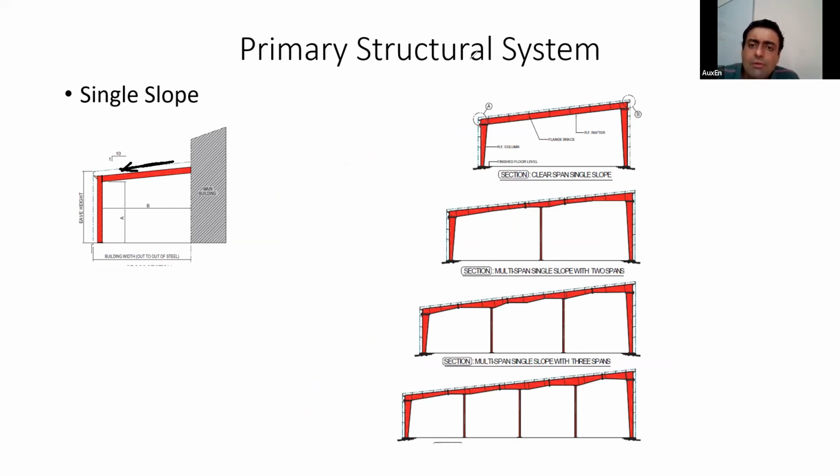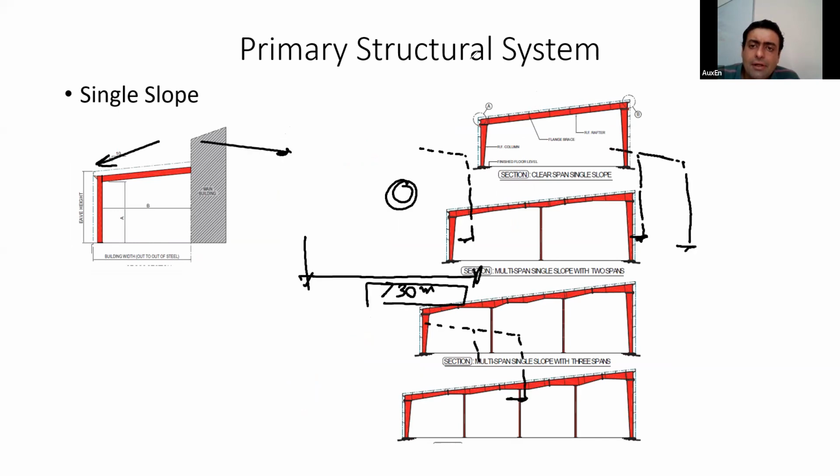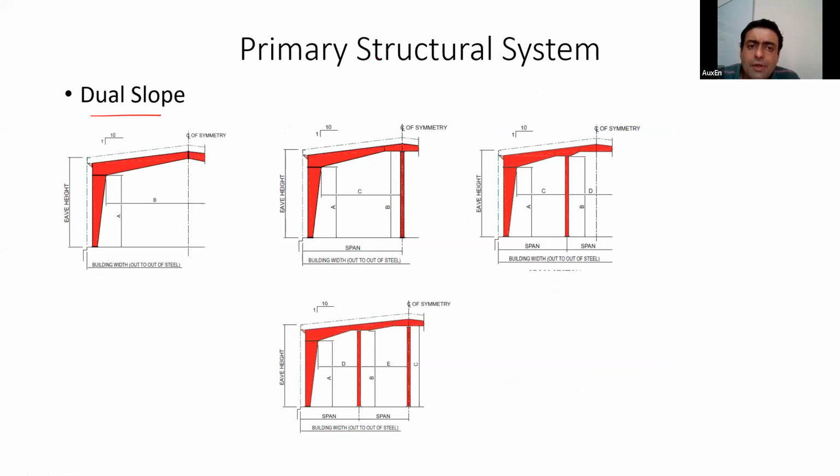Okay. In dual slope, what will happen? Yes, in dual slope, your water will fall on both sides. I hope we agree. When rainfall comes, water will drain out from both sides of your structure.